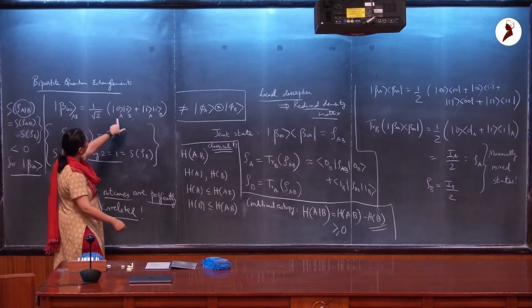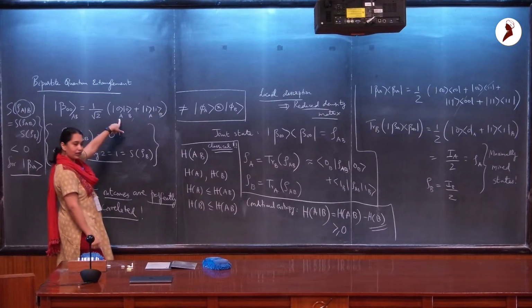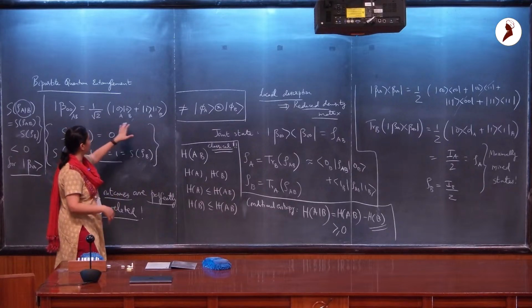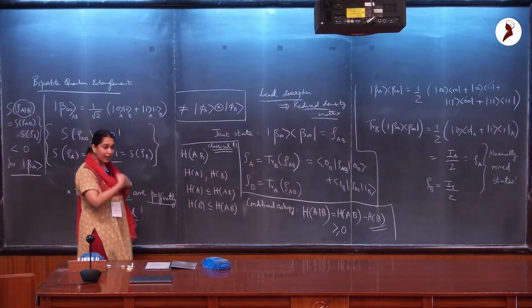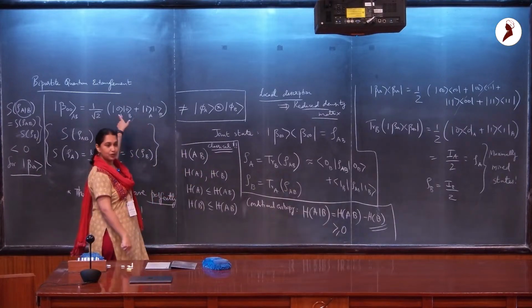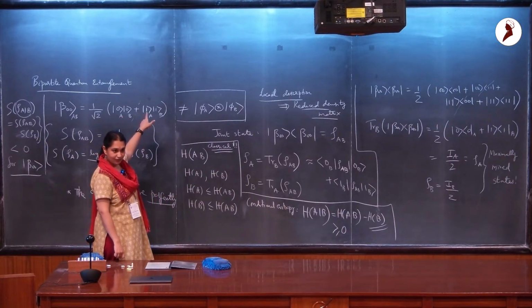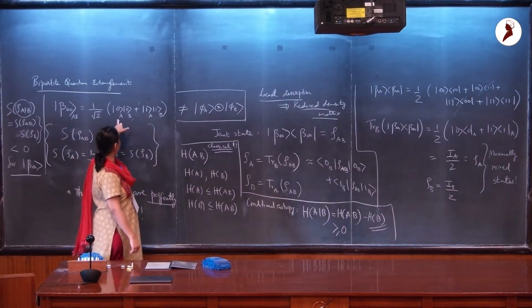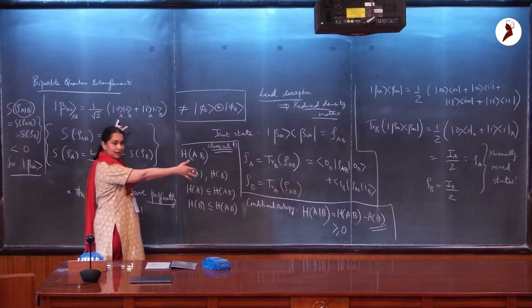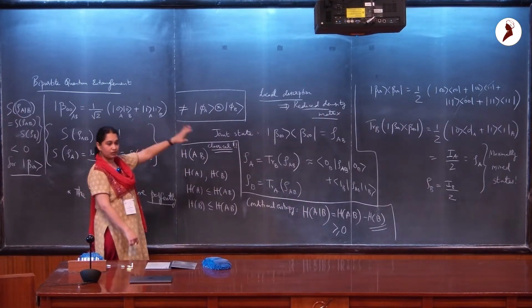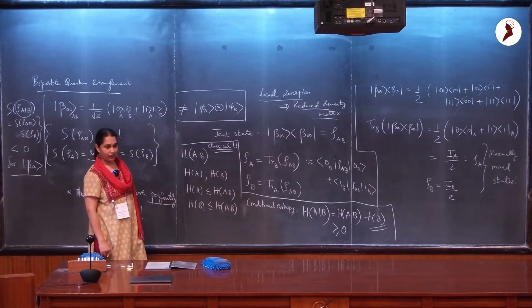When I say that I know what the outcome in B is given the outcome in A, that is presupposing the knowledge of this joint state. Like I said, I make this joint state and I send it across to two people and I tell them that I have sent you this entangled state, right? Then, and only then, when A makes a measurement, can he or she predict the outcome of B. Without knowledge of that joint state, you are not able to predict.